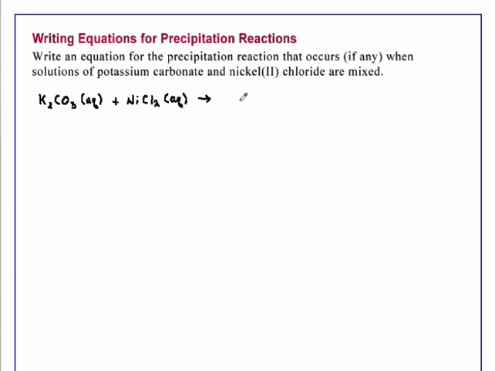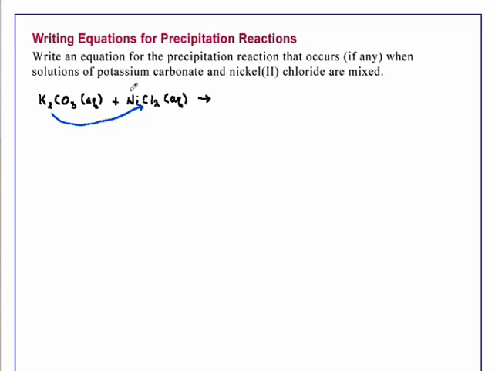In considering this, we want to look at the possible combinations. Potassium ion in potassium carbonate, if it's going to do anything, is going to combine with the negative chloride in nickel chloride.